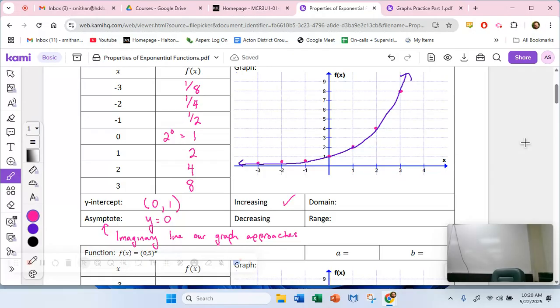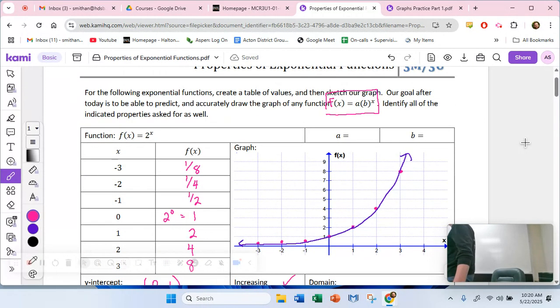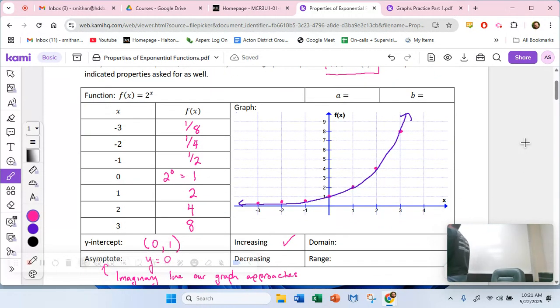And then let's look at the domain and range. Anytime we sketch a new function, we look at its domain and range. What kind of x values can we plug into our function 2 to the power of x? Is there any kind of number, an x value, that you can plug in to break this function so it gives you an error message? And the answer is no. You guys have learned why.